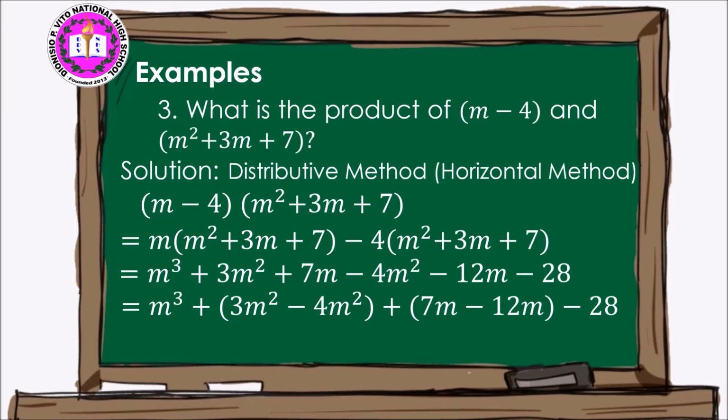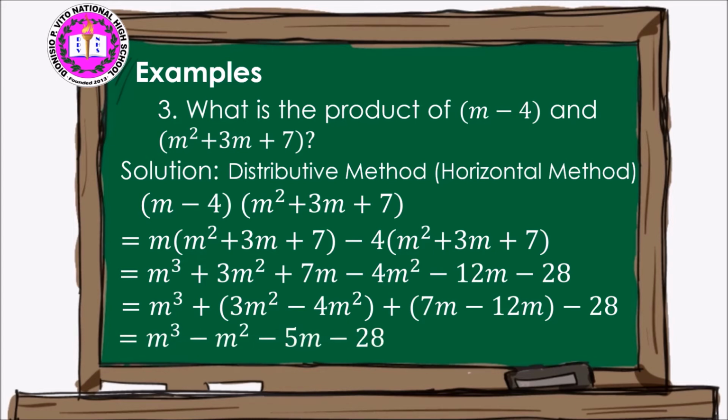So we have m cubed plus 3m squared minus 4m squared. As you can see, they have the same variable and exponent. Plus 7m minus 12m minus 28. Then, we're going to perform the operation.